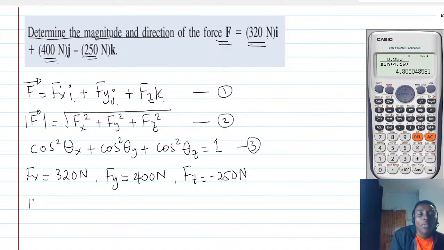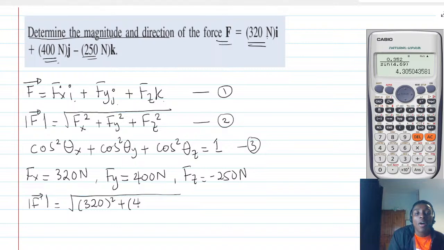Okay, so now the magnitude of the force is going to be the square root of what? Using the second formula, it's going to be 320 squared plus 400 squared plus minus 250 squared, isn't it? So now the magnitude is nothing but the square root of that. Let's pick our calculators and do that.